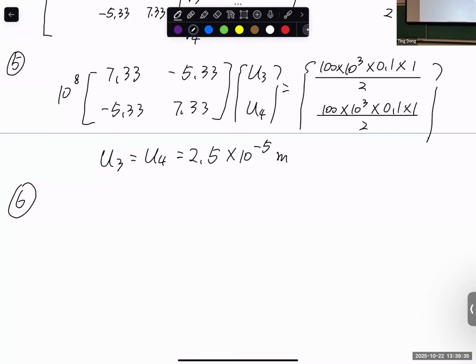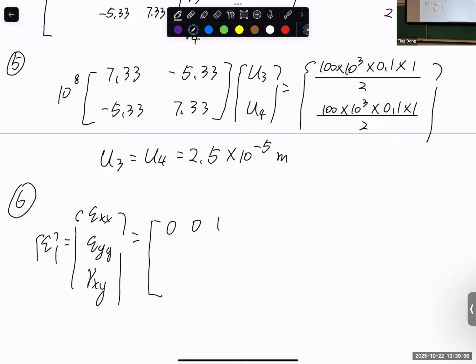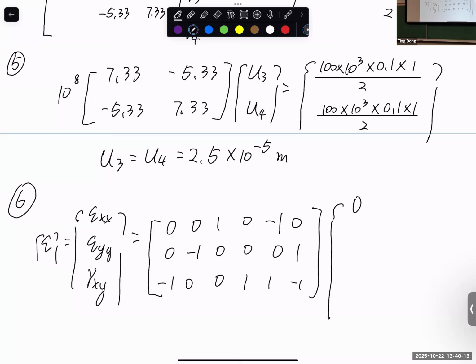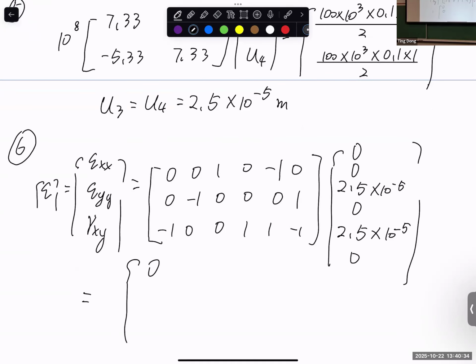The strain for element 1 equals B times Q. So we have the B. And for Q, the complete degrees of freedom for element 1: U3, V3 equal to 0, U4, V4 equal to 0, so Q is 0, 0, 2.5.